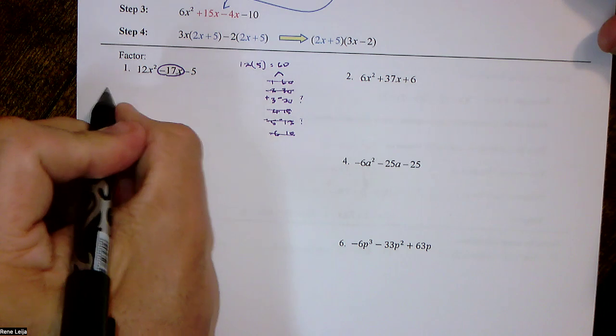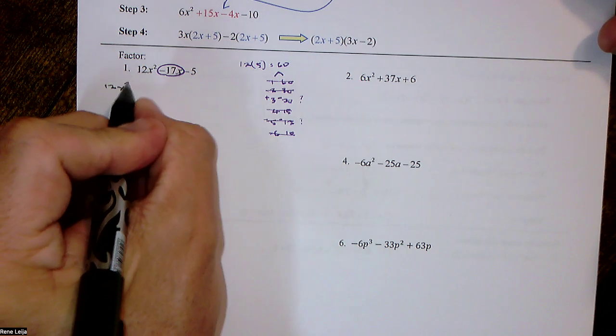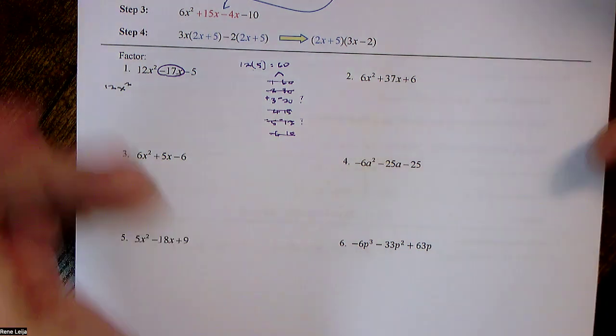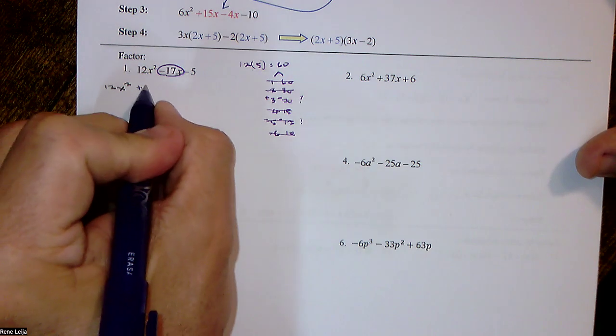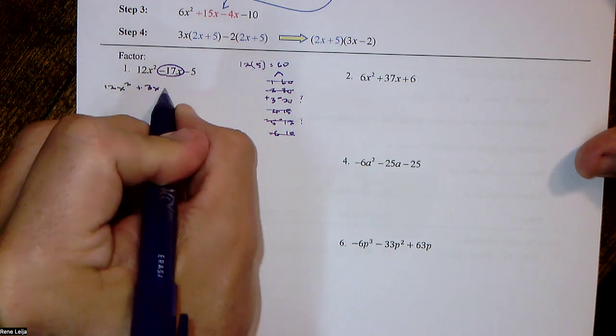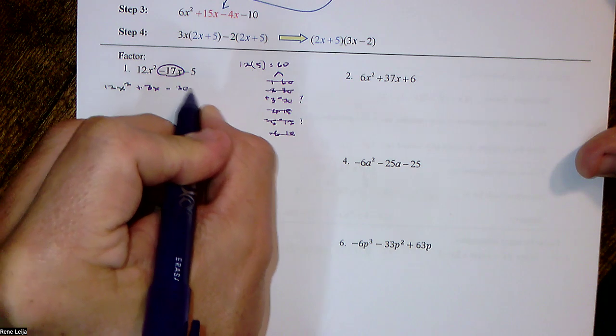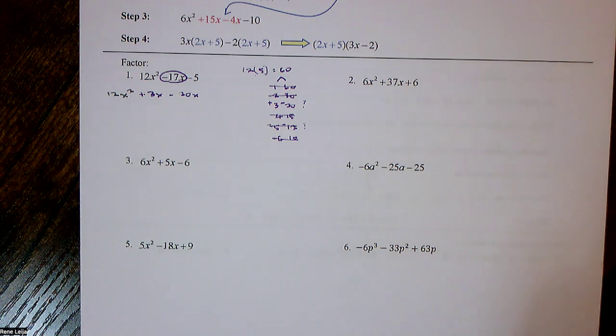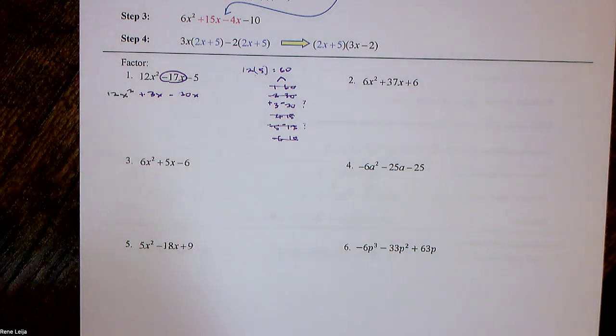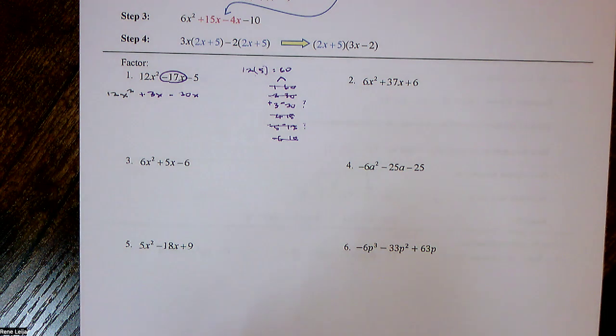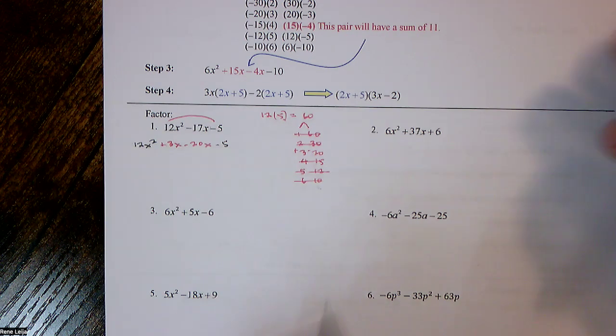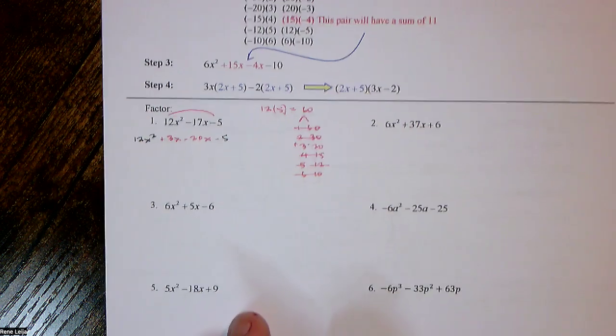So I'm going to have 12x squared, and then I'm going to use plus 3x minus 20x. You can't really tell that this is a different color, but I just went ahead and did it in a different color.